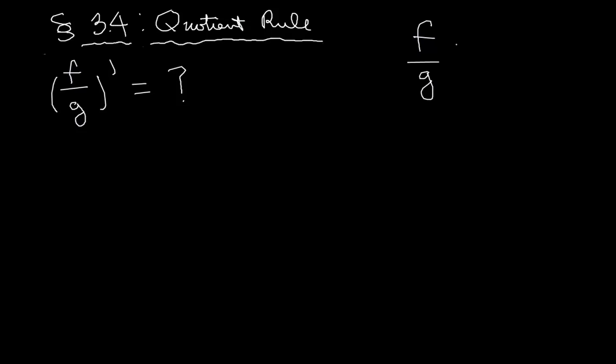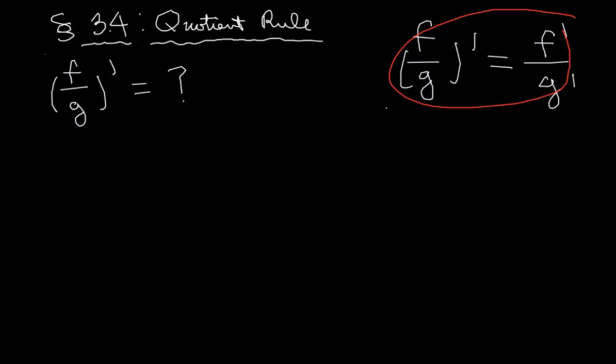The derivative of f divided by g is definitely not going to be f prime divided by g prime. It wasn't like that for the product rule, so it's probably not going to be that way for the quotient rule, and indeed it's not. So whenever you see f divided by g, don't just do the derivative of the top divided by the derivative of the bottom. It's just not what it's going to be.